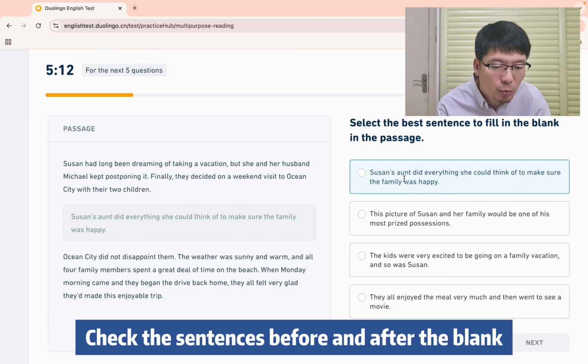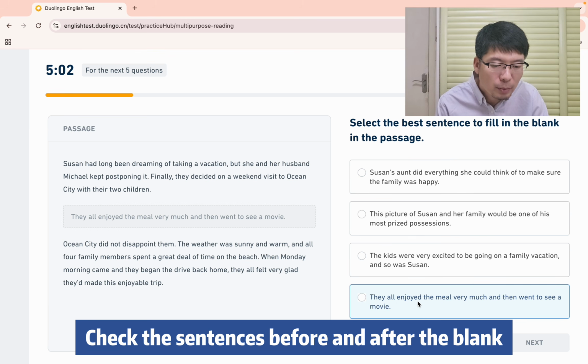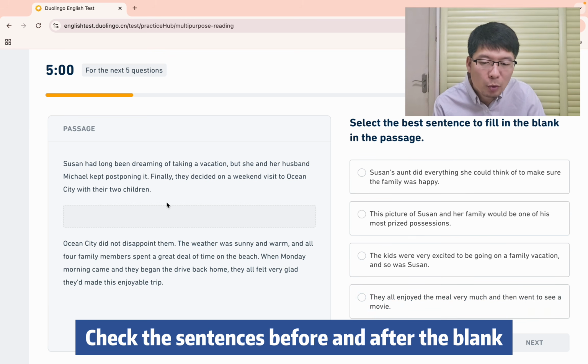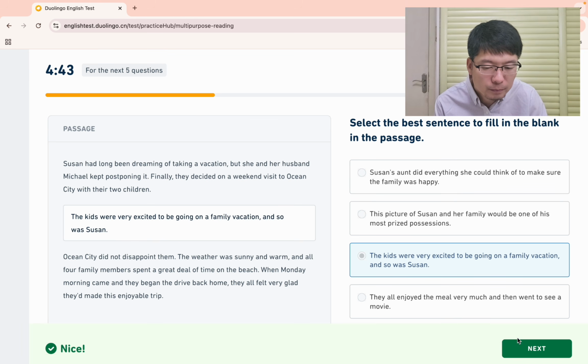Okay, it has nothing to do with Susan's aunt. The kids were very excited to be going on a family vacation, and so was Susan. They all enjoyed the meal very much. So here we can see with their 2 children, so the kids were very excited. The kids are used to mention the 2 children of Susan and her husband. So this is the correct answer.